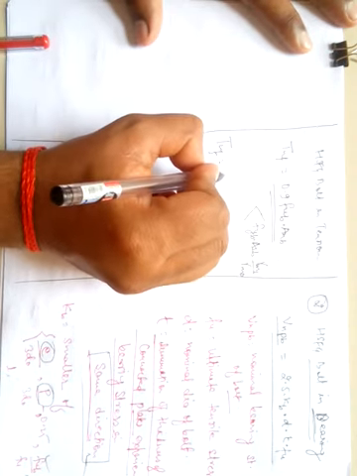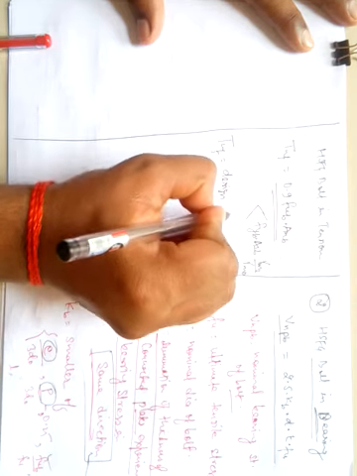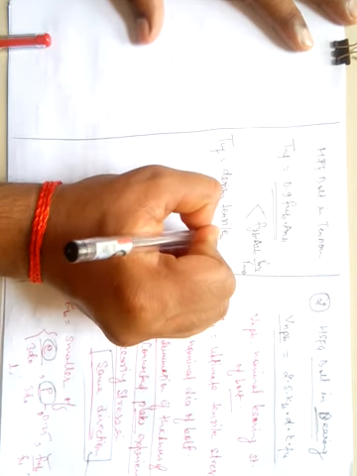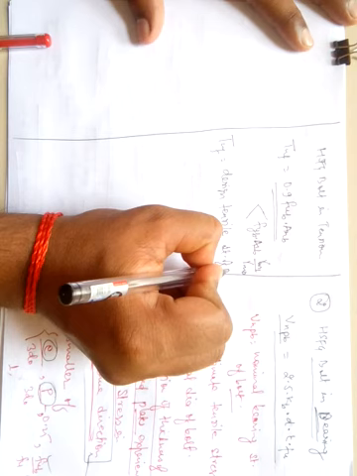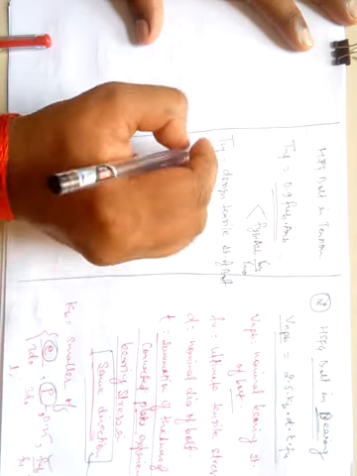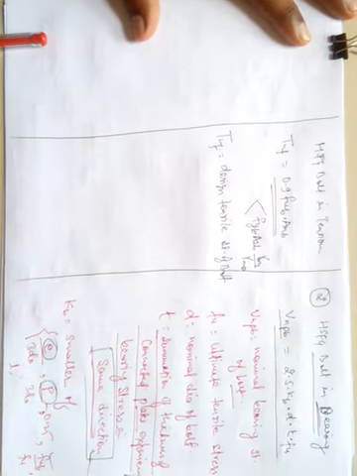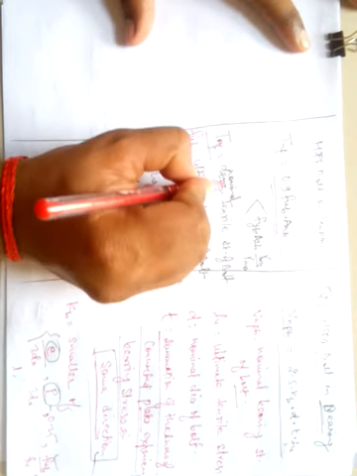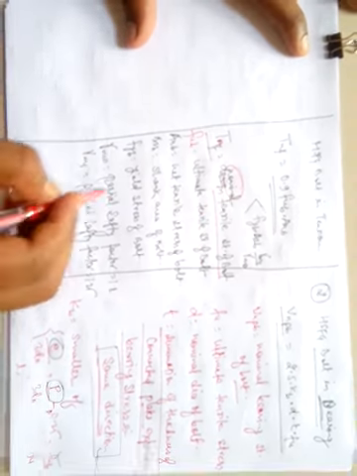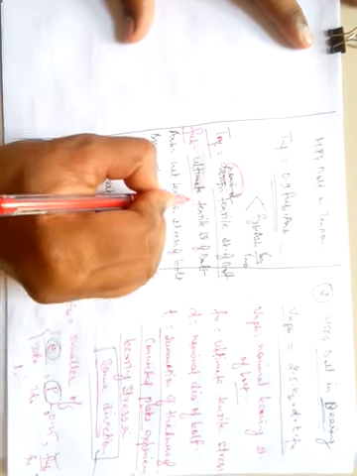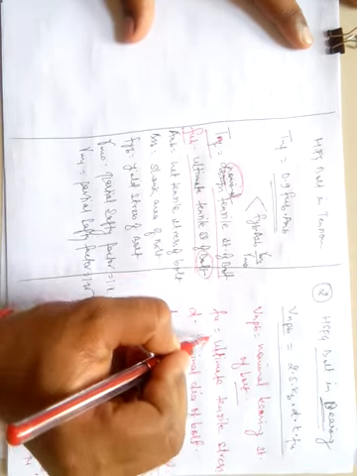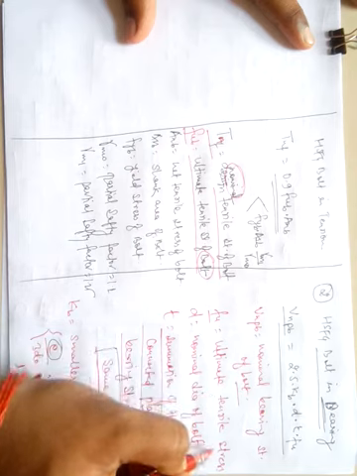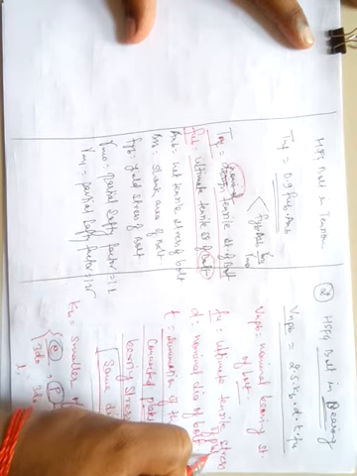Where TNF is design tensile strength of bolt. Here TNF is nominal tensile strength of bolt, FUB is ultimate tensile strength of bolt, and here Fu is ultimate tensile stress of plate.